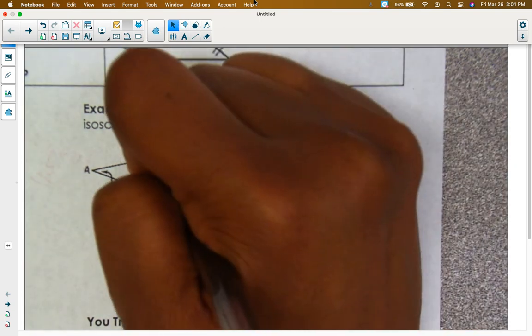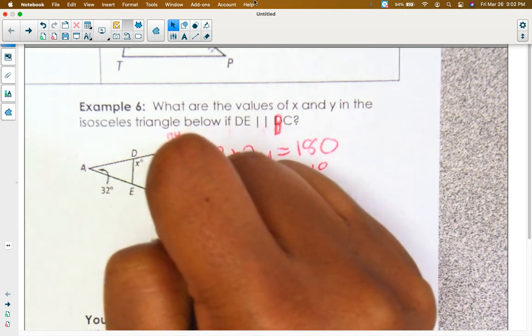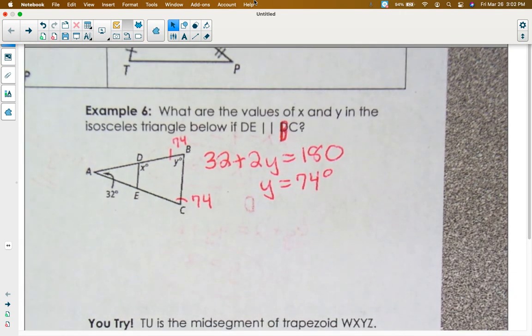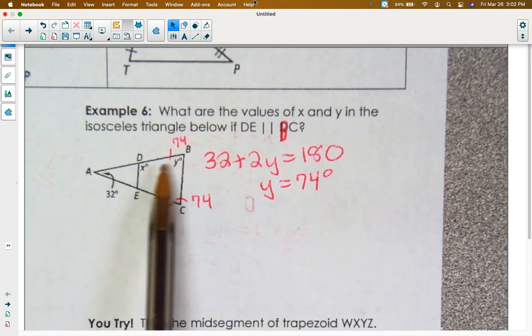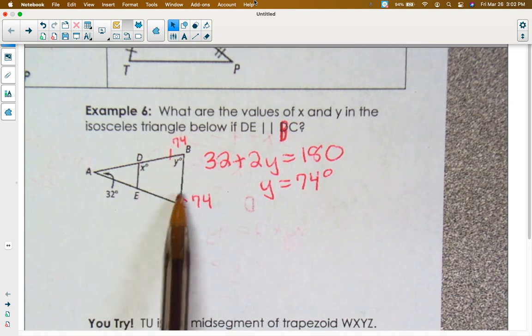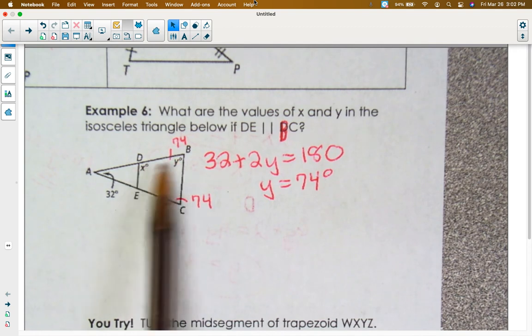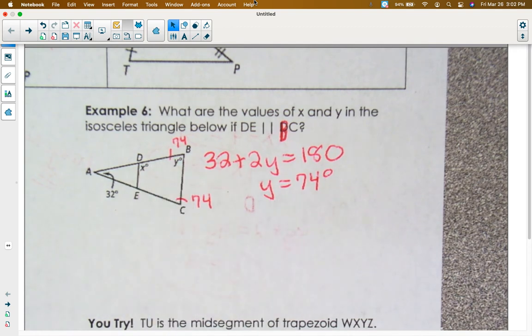Now, this is 74, and this is 74. If I'm looking for x, I know that x and y are supplementary angles, because I have parallel lines cut by a transversal. These are consecutive interior angles, and consecutive interior angles sum to 180 degrees.